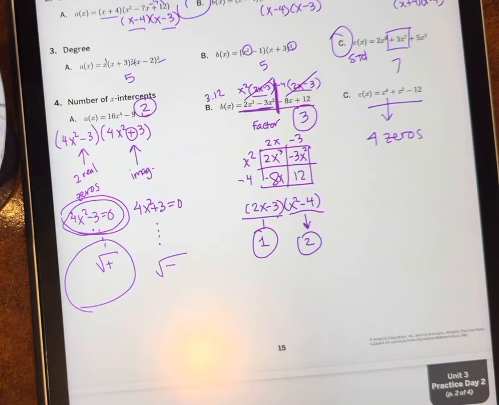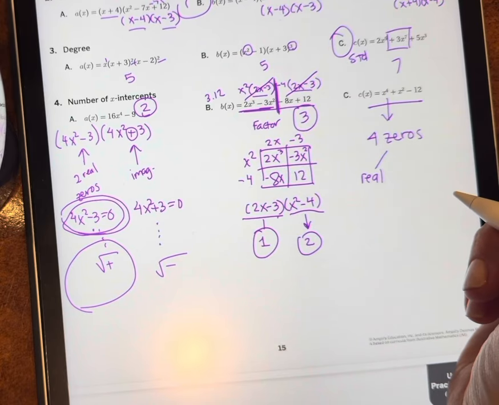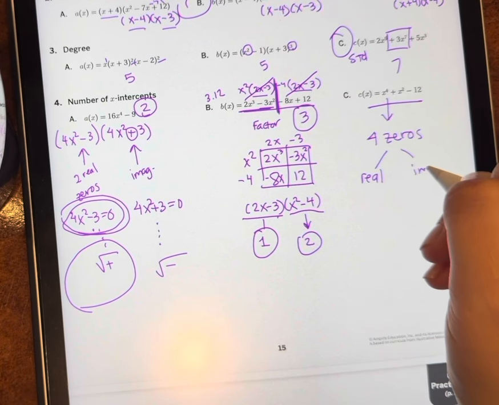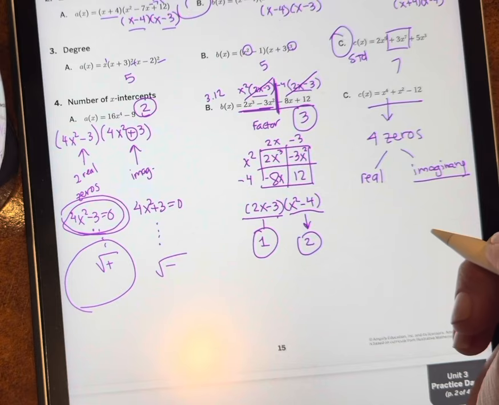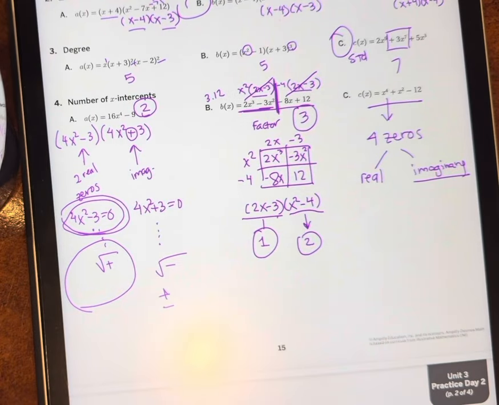Okay, now, either they are all real, okay, or some are imaginary. Now, I taught you that imaginary zeros, you can never get 1 or 3. You can never get an odd number because they always come in plus or minus pairs, all right? Conjugate pairs.